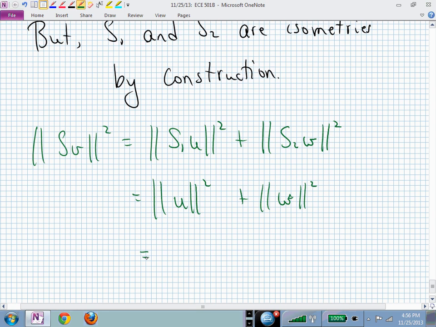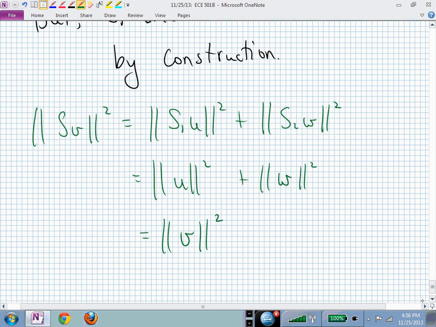But since U and W were orthogonal to each other, or orthogonal complements of each other, that's now just the Pythagorean theorem generalized. This is now V squared. And that's what we set out to show.